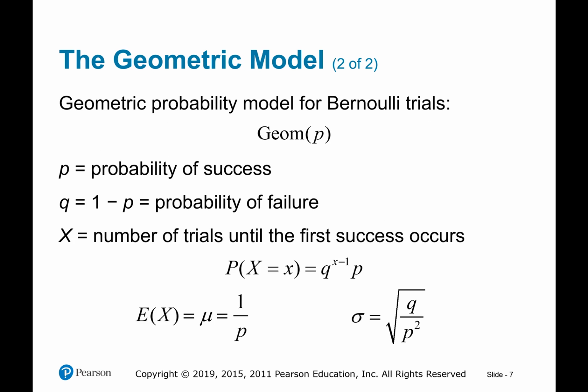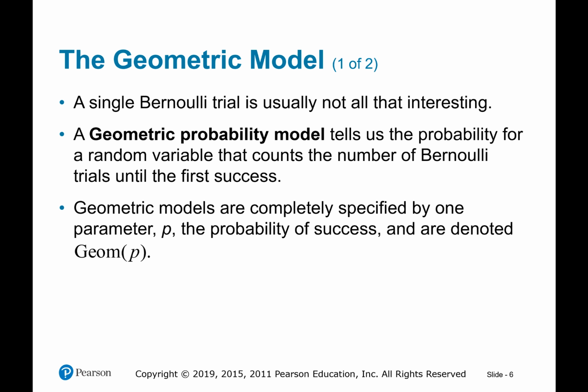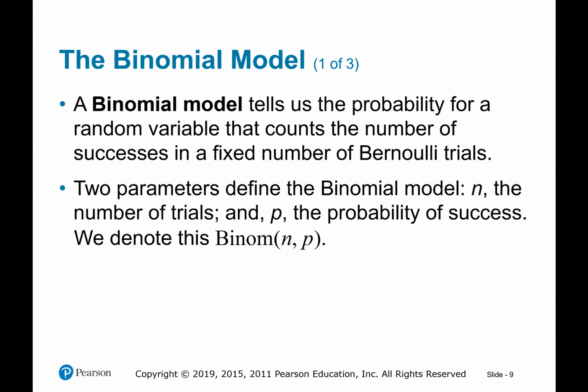Okay, so now that's a geometric model, the number of trials until the first success. Now we've got to compare that to a binomial model. That'll tell us, for a fixed number of Bernoulli trials, how many successes we're going to get out of that fixed number.